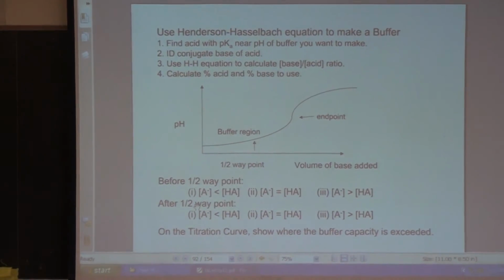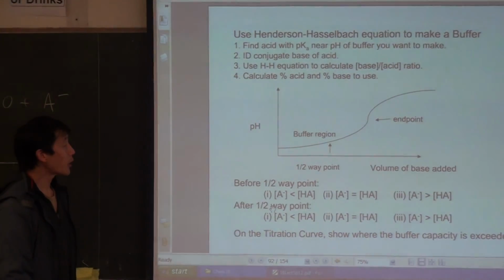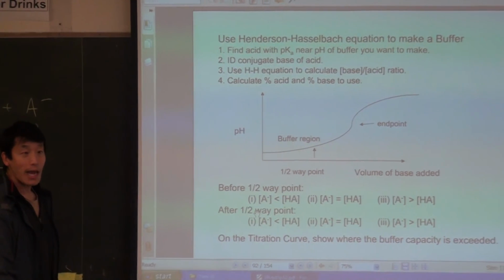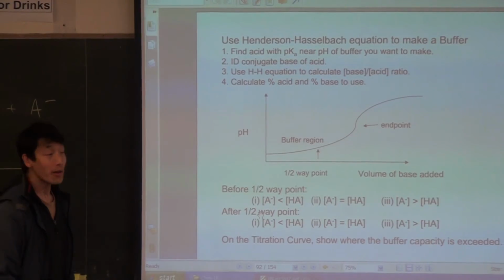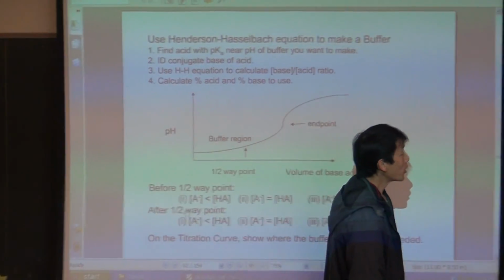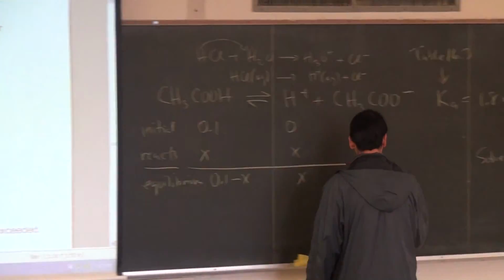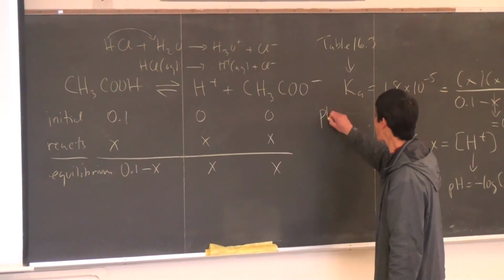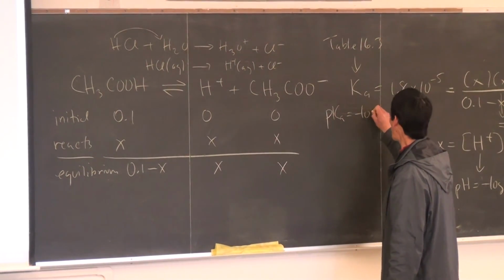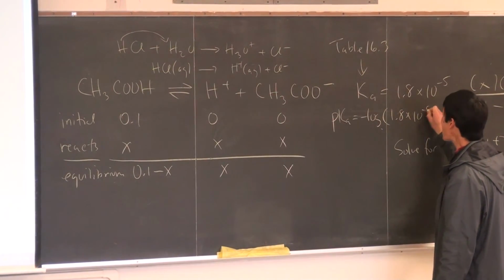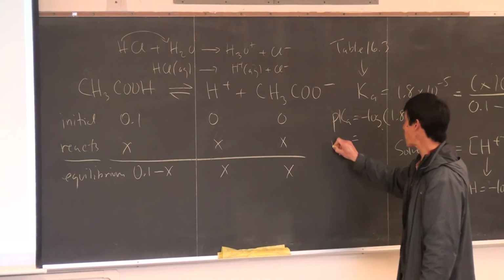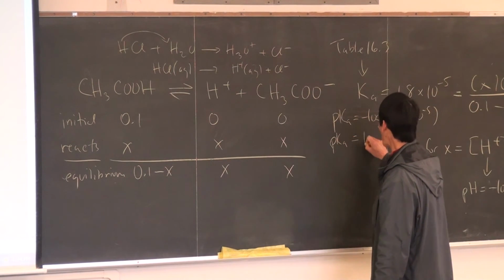For example, let's say this is the titration curve for acetic acid. Now, what is the pKa of acetic acid? Here's the Ka of acetic acid. So pKa is equal to minus log of this number. And I think when we did the calculation, that pKa turned out to be 4.7.